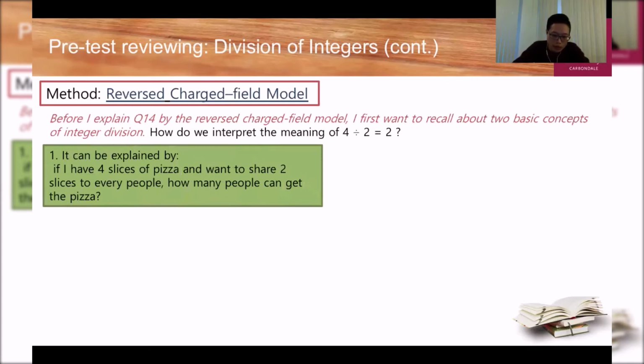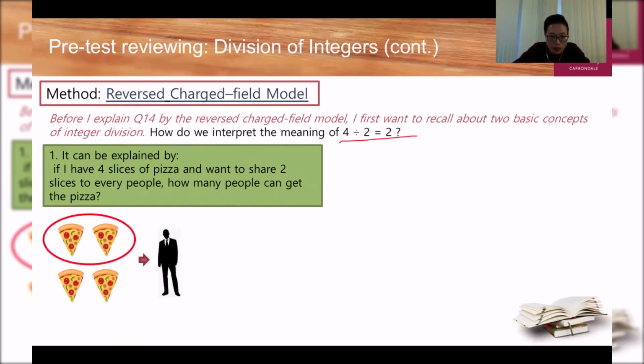In this equation, it can be explained by: if we have 4 slices of pizza and want to share 2 slices to every person, how many people can get pizza? So here I have 4 slices of pizza and I want to share 2 slices to every person.